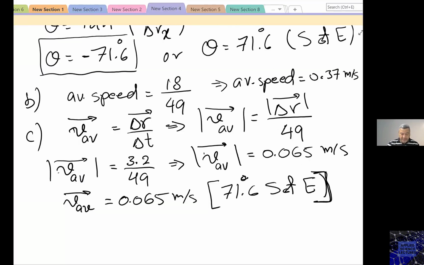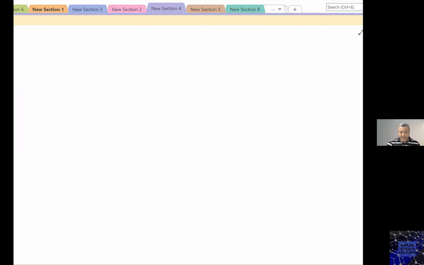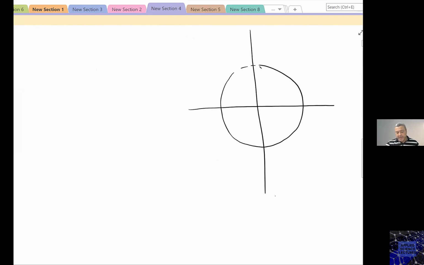So let's start first by drawing the circle. And then putting the coordinates. I'll put the coordinates right in the center, like this. This is position A. This is position B. This is X. This is Y. Right?